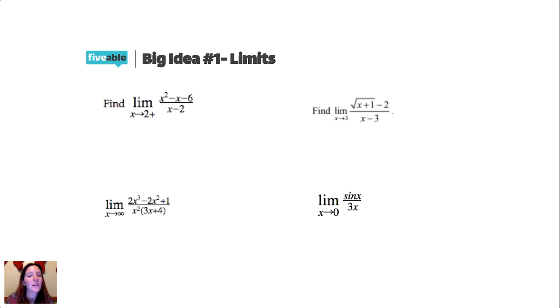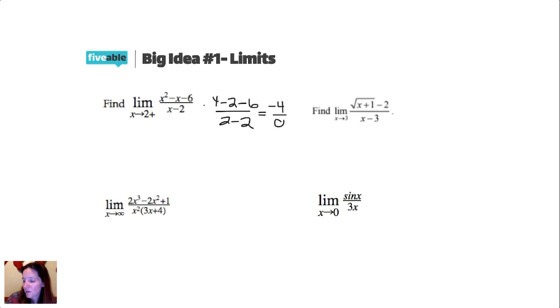So this first one here, I want to know the limit as x approaches 2. I said from the positive side; we'll get to why that's important in a second. Let's start by doing our basics. The first thing we try is to plug in 2, and I'm going to get 4 minus 2 minus 6 over 2 minus 2, which is negative 4 over 0.